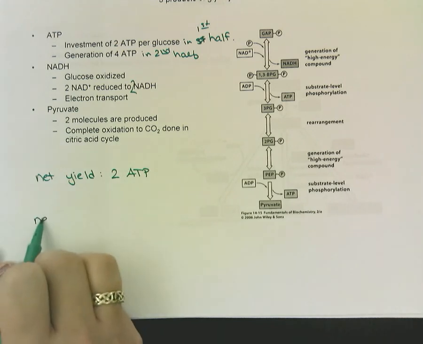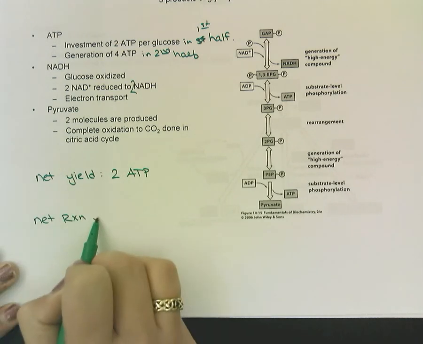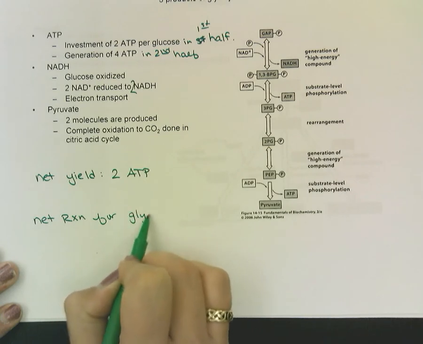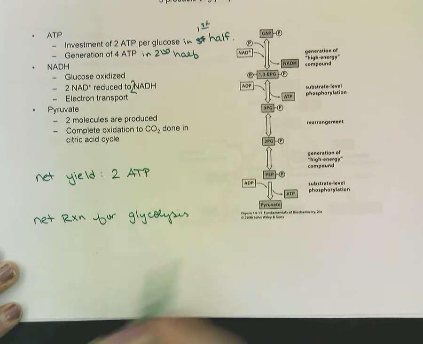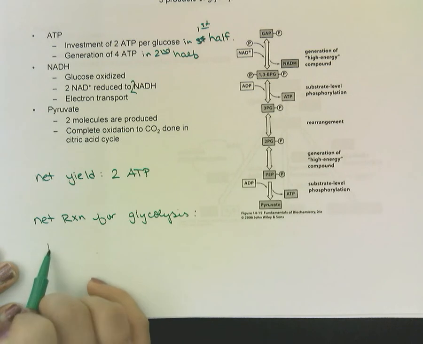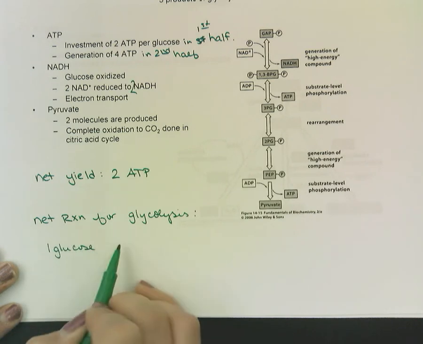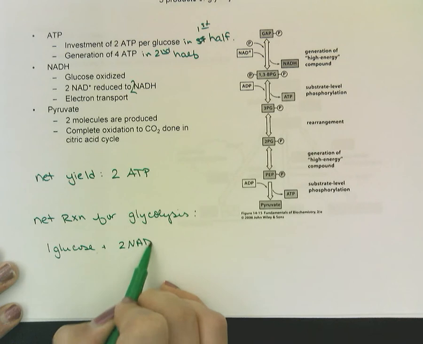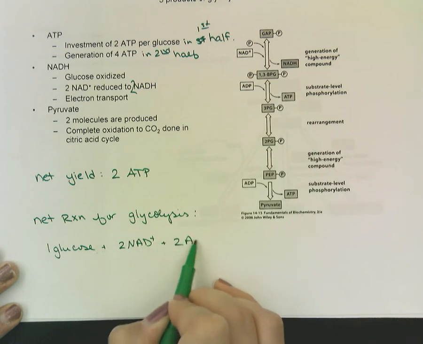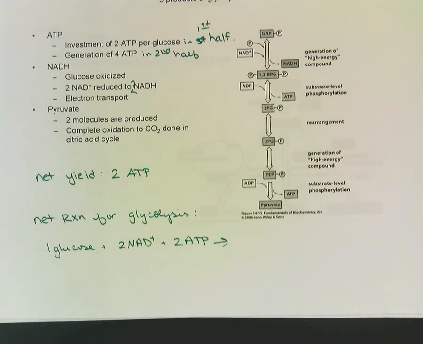So the net reaction. In the first half, we put in 1 glucose, we put in 2 NAD pluses, and we put in 2 ATP, 2 NAD pluses, 1 glucose.